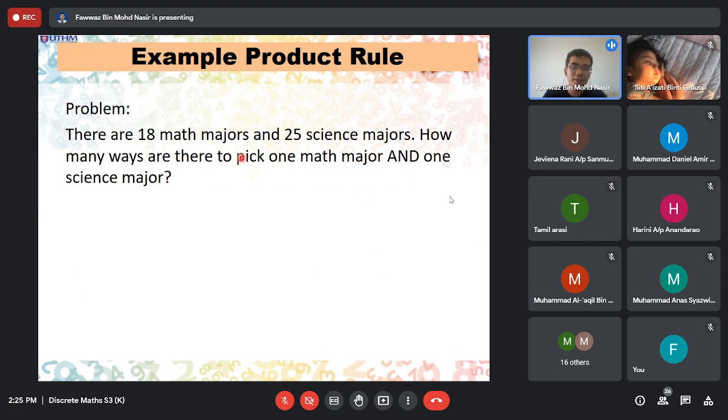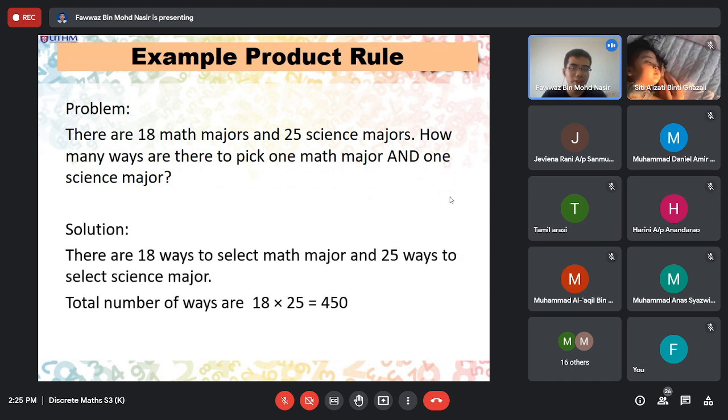Kalau kita tengok dia punya keyword pun agak straightforward, and kat sini kan. Since dia pakai and, so we use the product rule. So the solution there is 18 times 25. So you get 450 ways to select one math major and one science major.